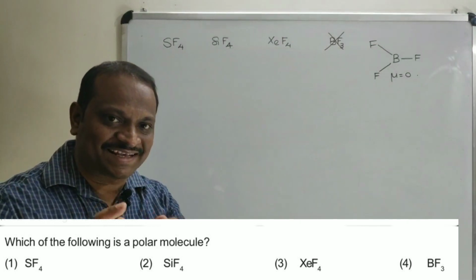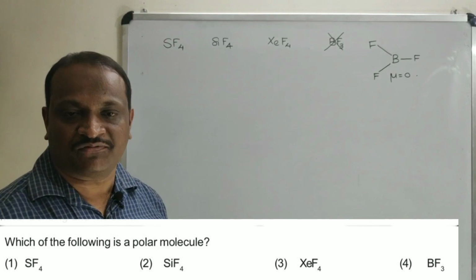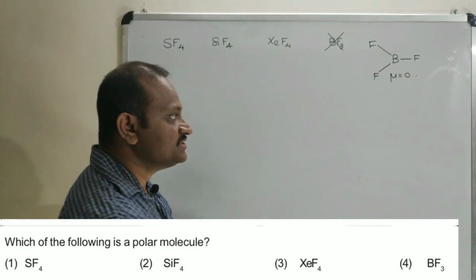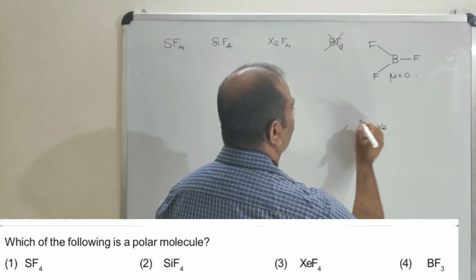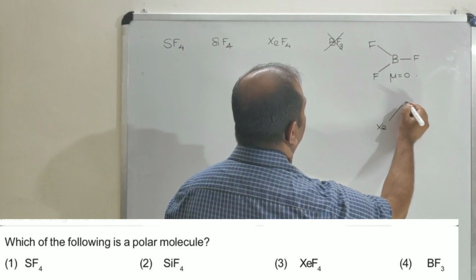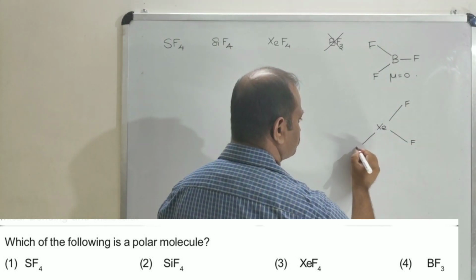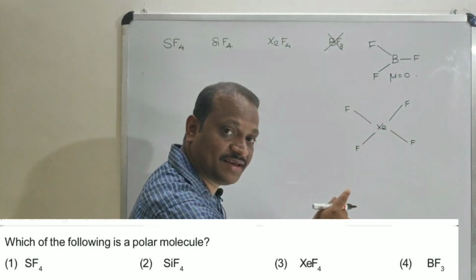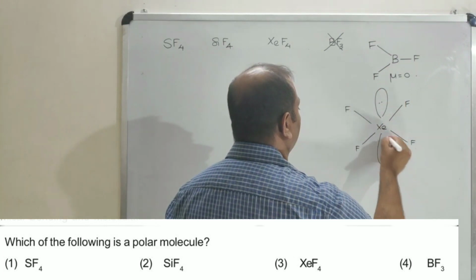Similarly, let's come to the next molecule. The next molecule is XeF4, written as HCF4. Earlier I have drawn the shape of it. It is a square planar shape. So I am just drawing it here, and we have fluorine atoms: one fluorine, next fluorine in this manner, here also fluorine, here also fluorine. And not only this, we have two lone pairs in this manner.